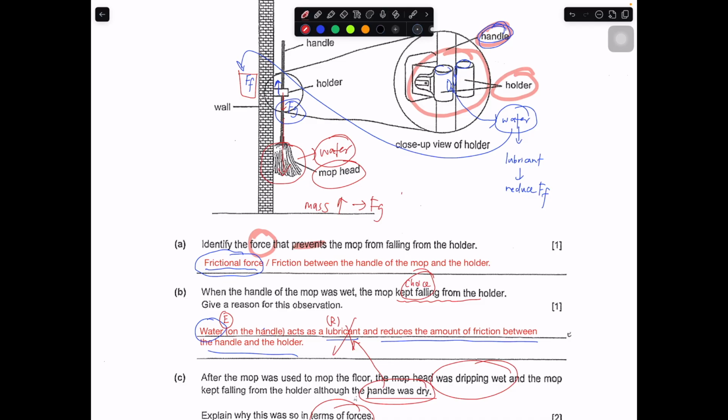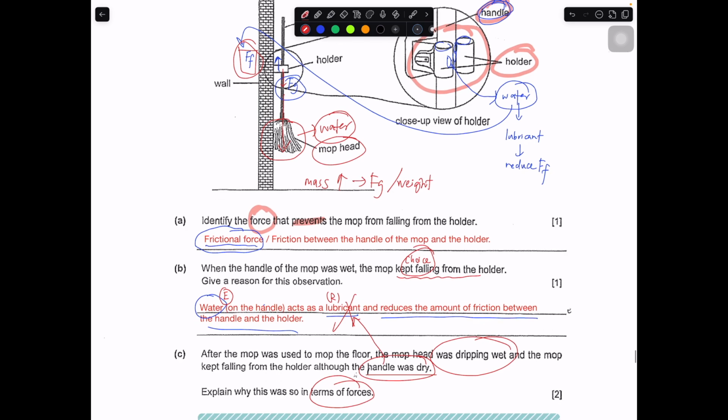In other words, the weight of the mop increases, so it is greater than the frictional force. That's why the mop slides down from the holder. The main idea is that the gravitational force is now greater than the frictional force, which caused the mop to be pulled down.